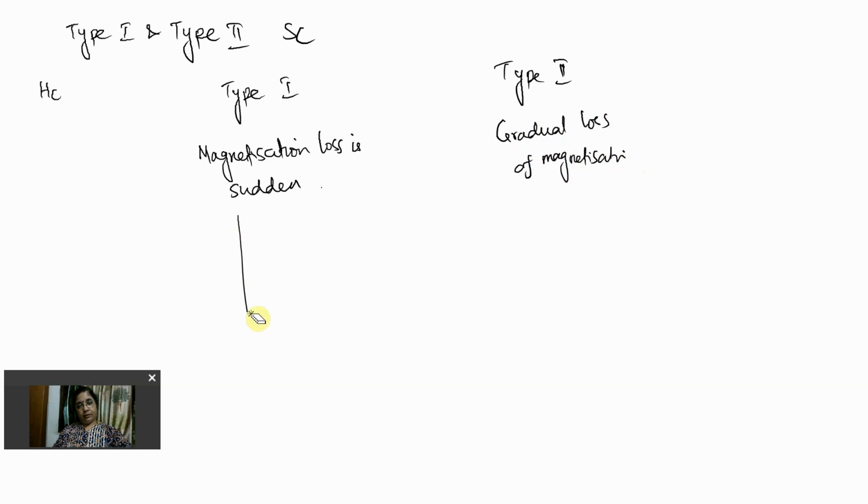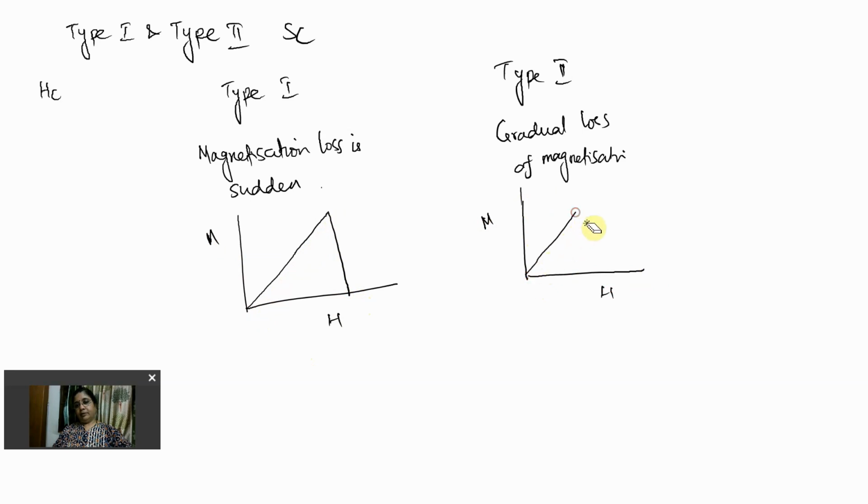So meaning you have H, you have M. So as H increases, suddenly magnetization is going to decrease. So in this case, you have H, you have M. So what happens? Slowly magnetization will decrease. So this is type 1 and type 2.